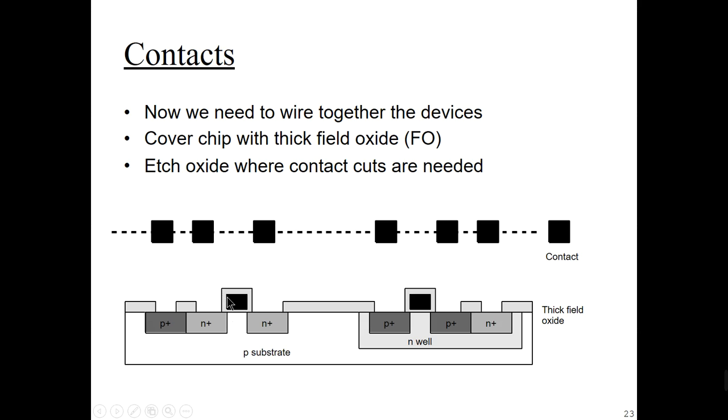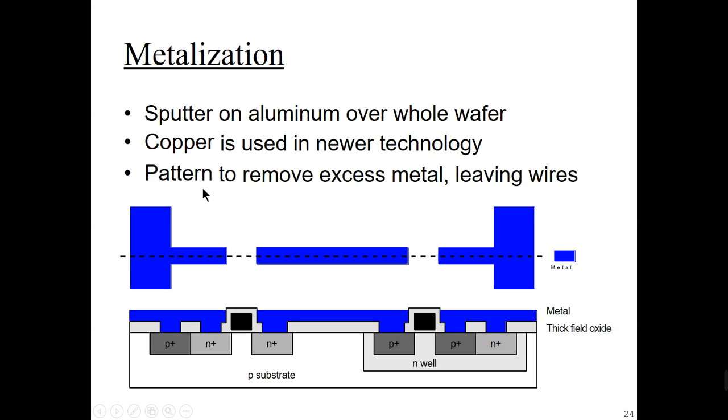Now I have to use some contacts. Now we need to wire together the devices. So cover the chip with thick field oxide and etch the oxide where contact cuts are needed. Generally, for the transistor, where we need the contacts, those should be etched. And after that, metallization: sputter aluminum over the whole wafer. Simply, the metal deposition is needed for the entire wafer.